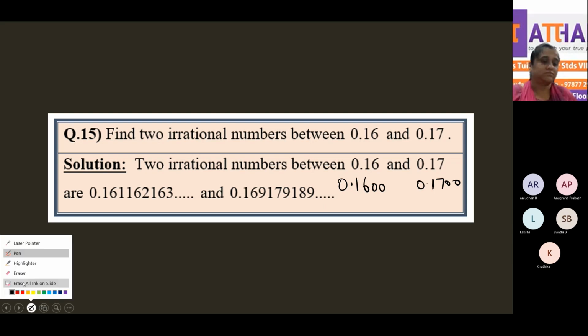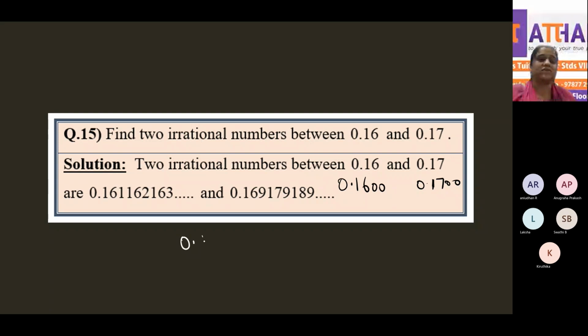Tell me. 0.1600 to 0.1700. So you're going to write 0.1615. Yes. And you can write up to 0.1699. Then 0.1700, no? You can write.